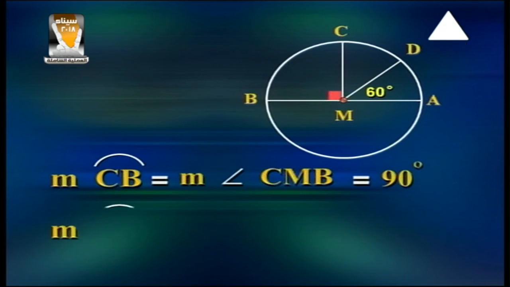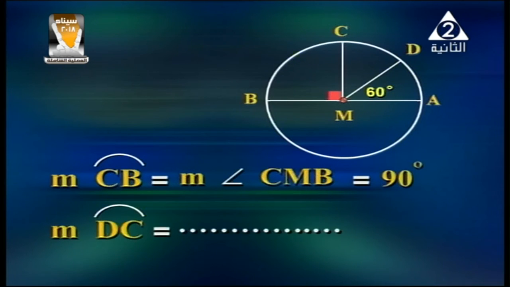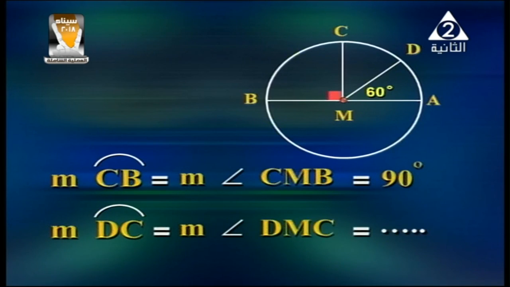What about measure DC arc? Yes, DC arc is exactly the same as measure angle DMC, which is equal to 30 degrees. Why? Because angle DMC, its measure equals 180 minus 90 plus 60 to obtain a result as 30.